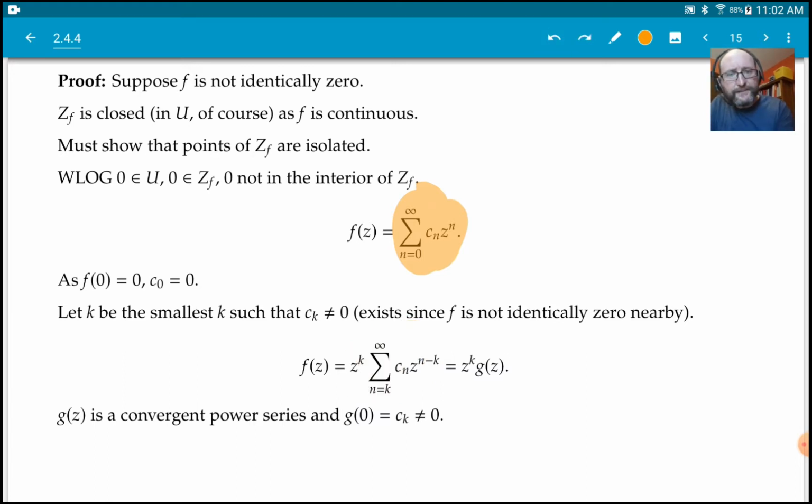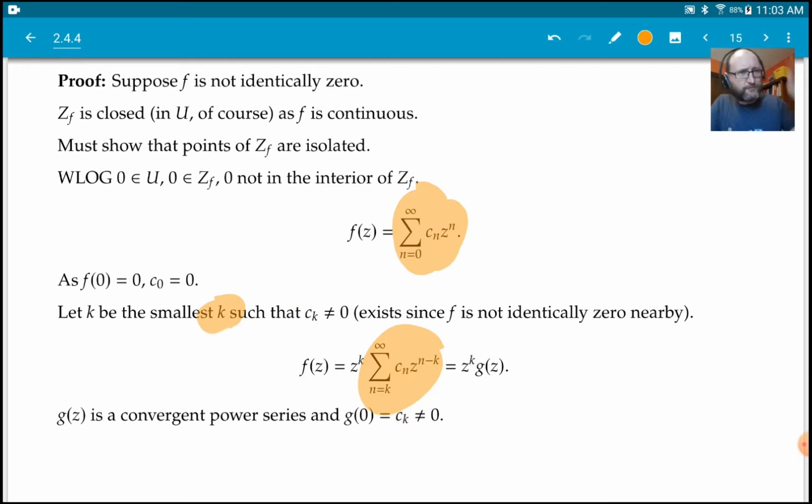And what do we have left? Well, the thing that's left, this part, is just a power series. I've taken out some of these powers, but n was always bigger than or equal to k because for all n less than k, Cn was 0. So those terms really weren't there.